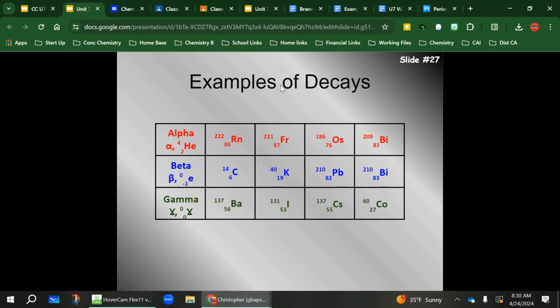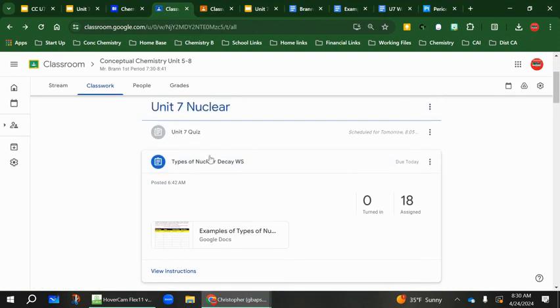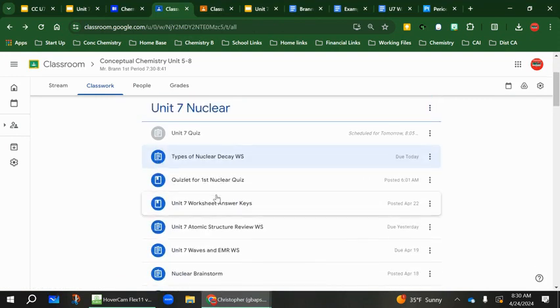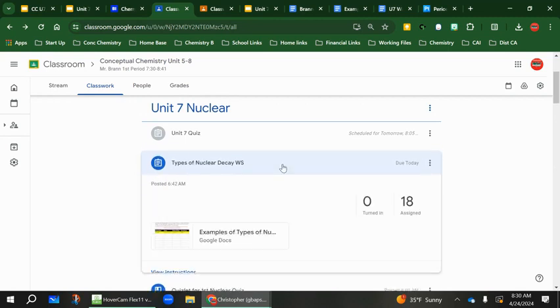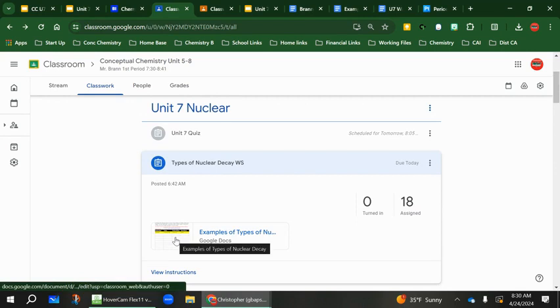So that is where you are going to come in right now. In Google Classroom, ladies and gentlemen, there is a sheet that says nuclear decay worksheet. Click on that. It's not actually a worksheet.